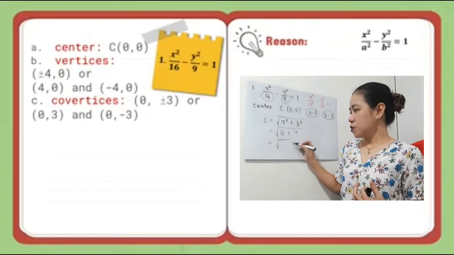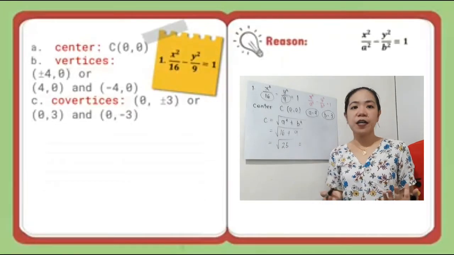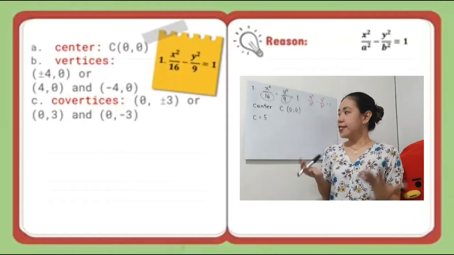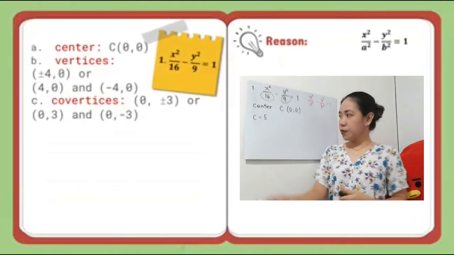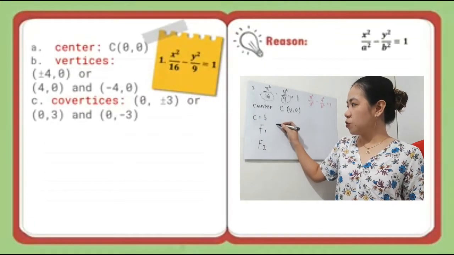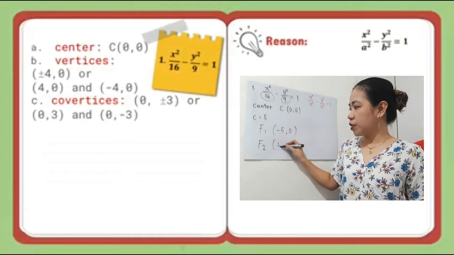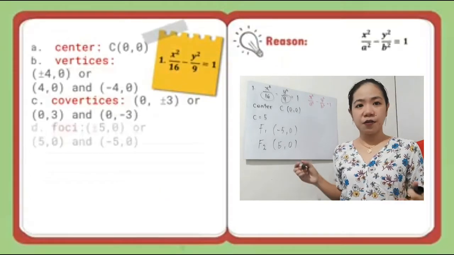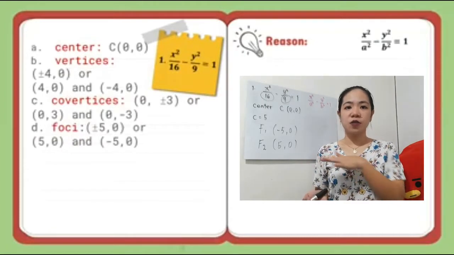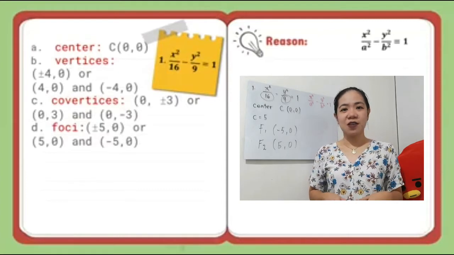Simplify. 16 plus 9 is 25, so we have the square root of 25, that is 5. Since c is equal to 5, that means our foci, F1 and F2, are (-5, 0) and (5, 0). So again, the vertices and the foci are both on the x-axis if the transverse axis is horizontal.